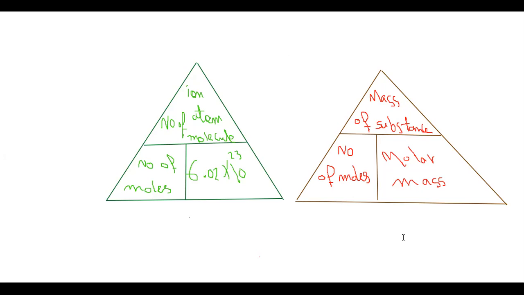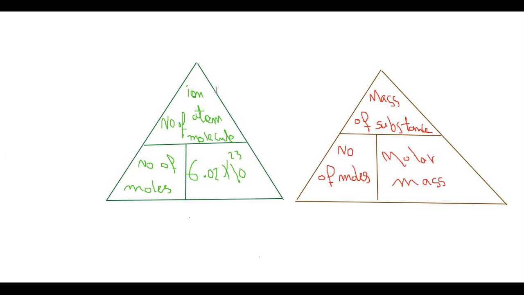It is a very important rule, and it's the first one that we said. While the second rule is number of moles equals number of ions or atoms or molecules divided by Avogadro's number, which equals 6.02 times 10 power 23. Do you understand, Mariam? Any problem till now? So we have two important rules.